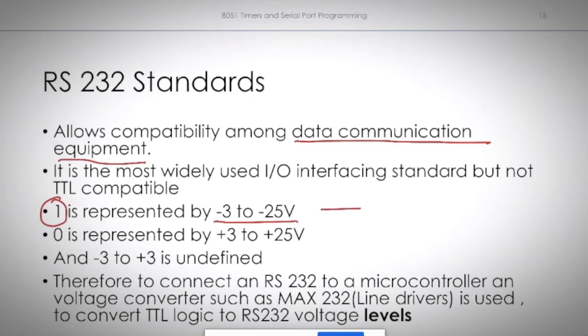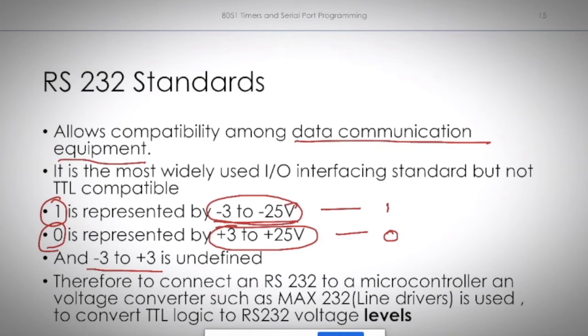A 0 is represented by +3 to +25 volt. So 1 is anything between -3 and -25, and 0 means between +3 and +25. Anything between -3 and +3 is undefined. It will not be considered either as 0 or as 1.